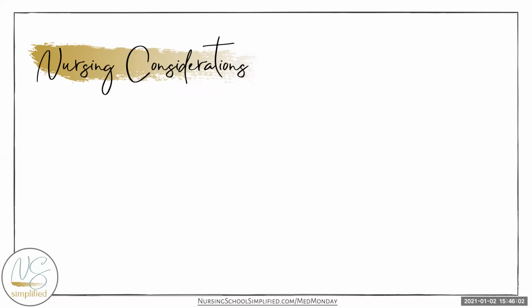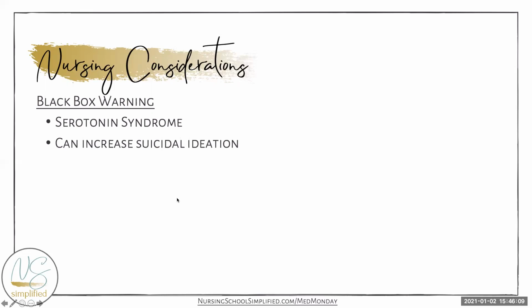So, nursing considerations, things we need to think about while we're administering this medication and monitor for. So, it does have a black box warning for serotonin syndrome, and because it can increase suicidal ideation in all populations. So, this medication is given to adults and children. So, we want to make sure that we monitor them and discuss this with them.